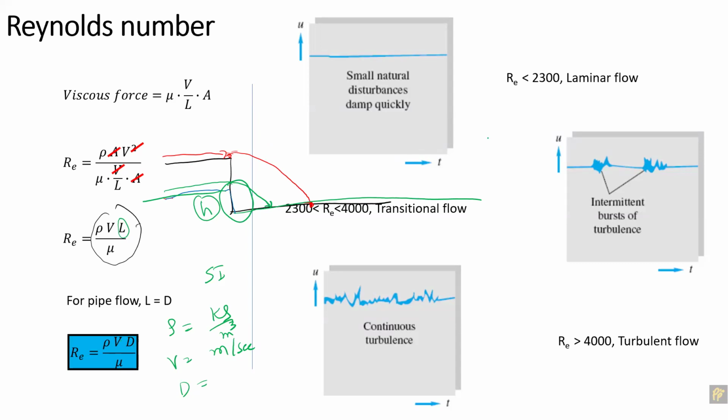For example, I have solved the problem of the backward facing step. People say that with the Reynolds number based on the height, the flow becomes turbulent after a Reynolds number of 800.